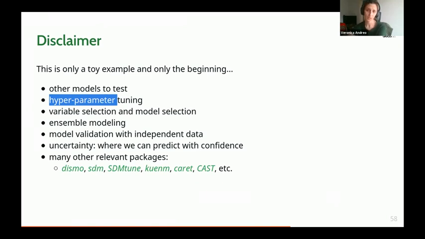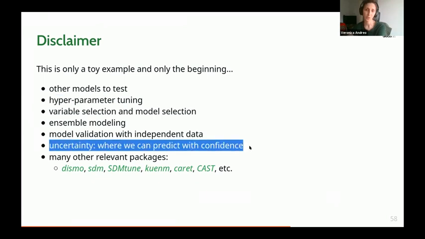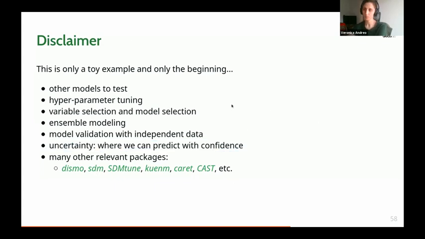We are not doing validation here. And of course, there's the issue that Hannah showed at the beginning, like where can we really predict with confidence? And of course, there are many other relevant packages that could be used. So this was just an example of how to connect the two softwares.